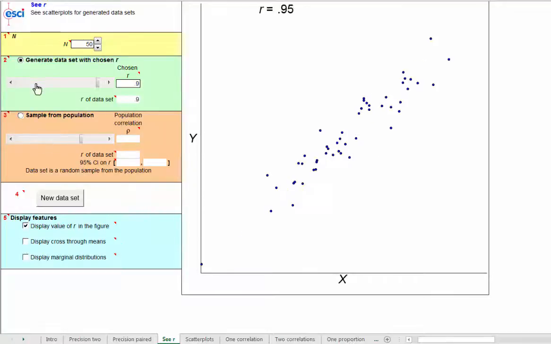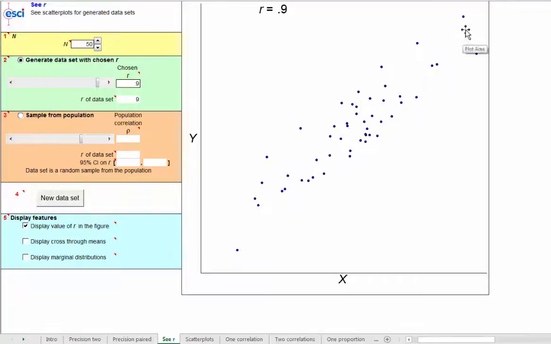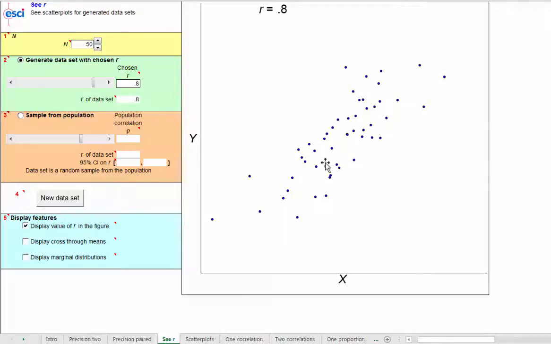Let's look at 0.9, and here's a randomly generated data set with the constraint that the correlation in these data points is 0.9. So again, we've got a very strong linear trend, a very strong positive relationship, but a little bit of scatter. Come down to 0.8, and similar but more scatter.